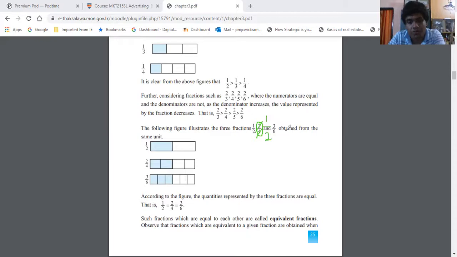That will become a half. So that's why both of these are the same. Taking 2 out of 4 parts is the same as taking 1 out of 2 parts. That's half equals 2/4. That's what they have shown. And even 3/6 equals that.